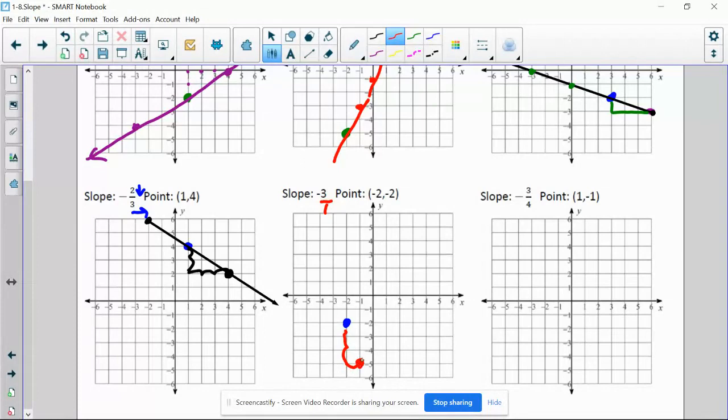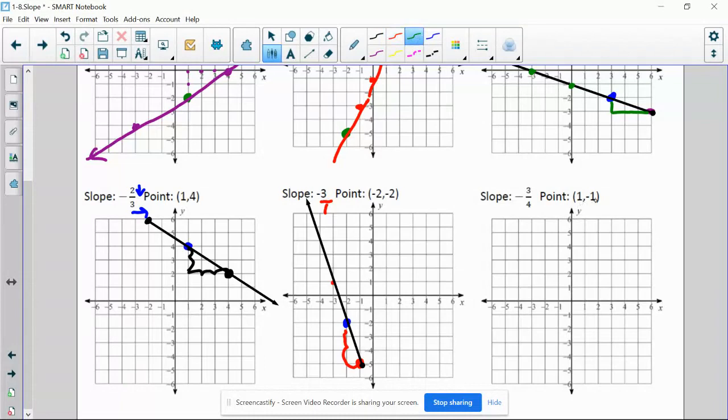That's where my next ordered pair is. Okay? Let's make a line. Use your straight edge. Go through the points the best that you can. All right. One more and then we'll talk homework.